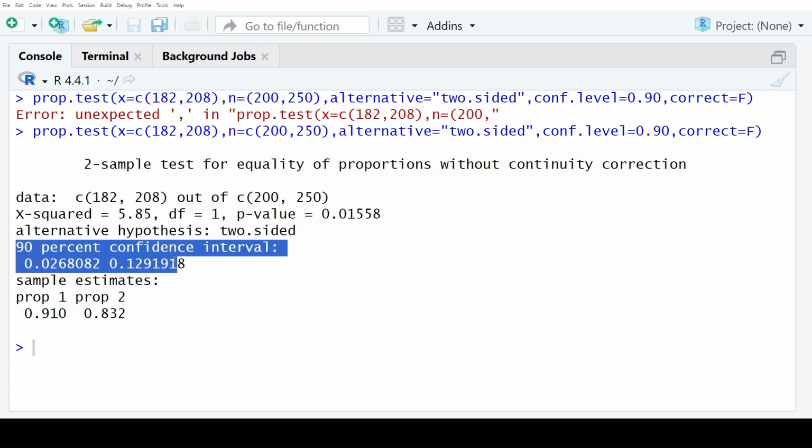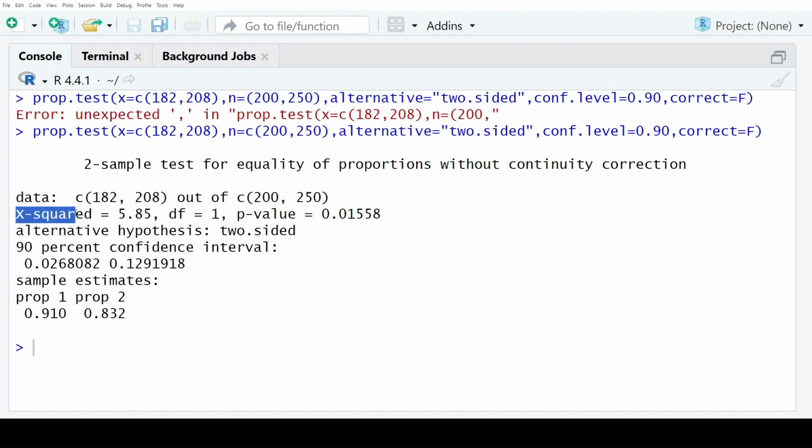This is technically the confidence interval, but we aren't going to do that in this class. And this is normally where the test statistic is. But notice that it says squared. So we need to take the square root of it to get the actual test statistic. So there's our test statistic.